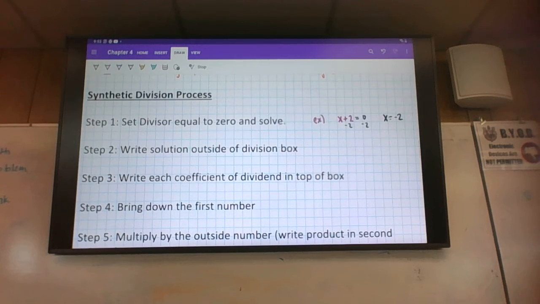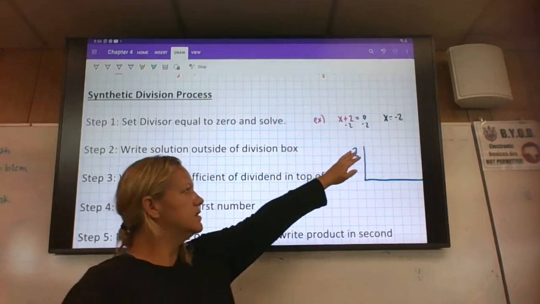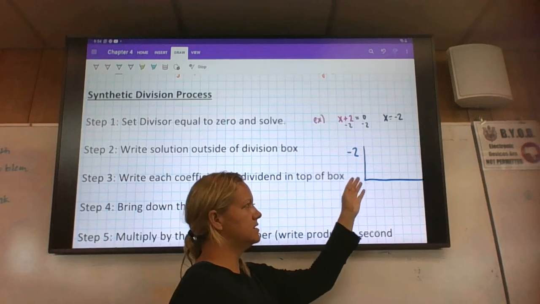Okay, so after you do step 1 and you solve, you write that answer outside of this division box. So the process is kind of inverse of long division. So you do this box, it's like an L-shaped box.